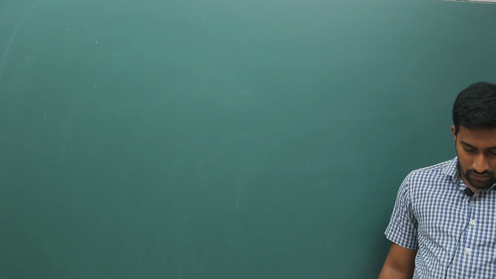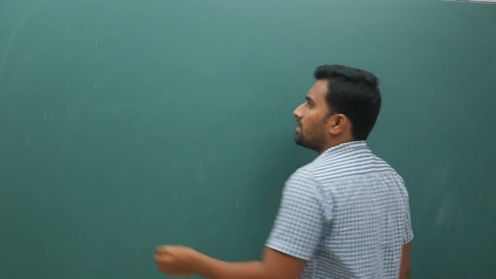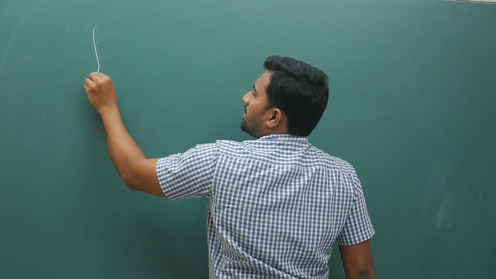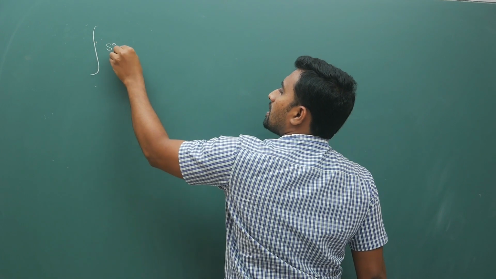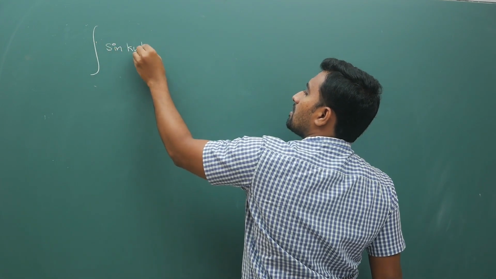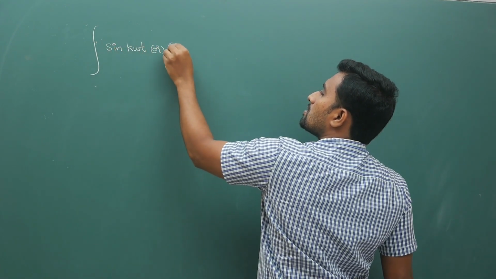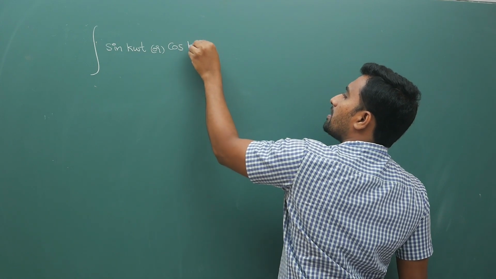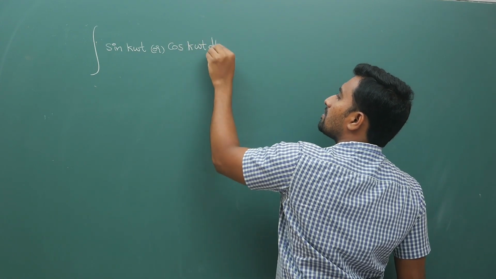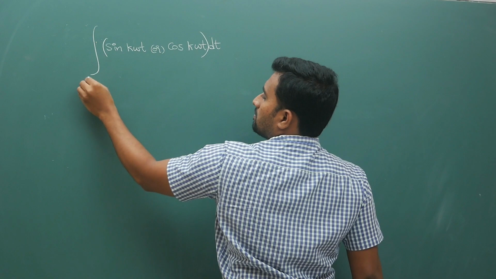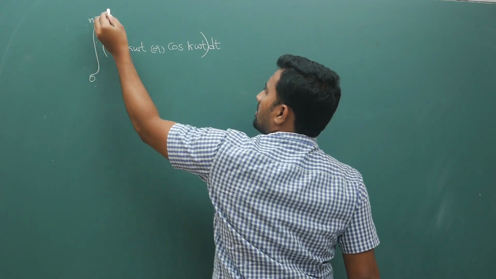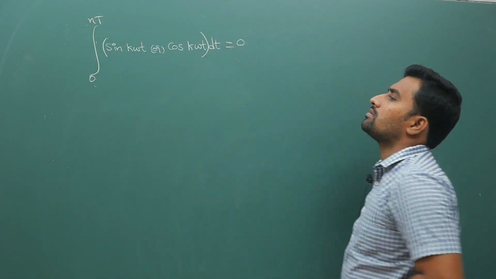So in that, I just forgot, your result: the integral of sin of k omega t or cos of k omega t dt from 0 to nT is equal to 0.